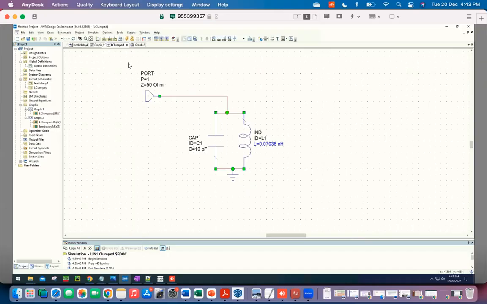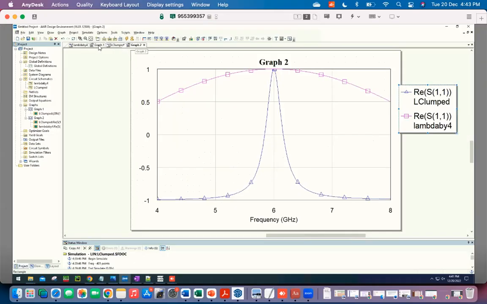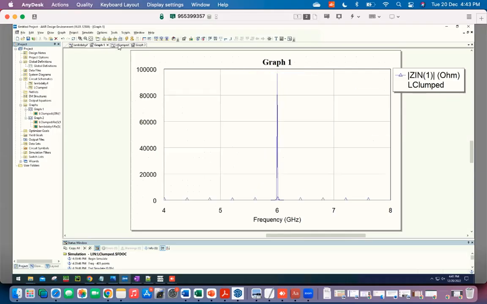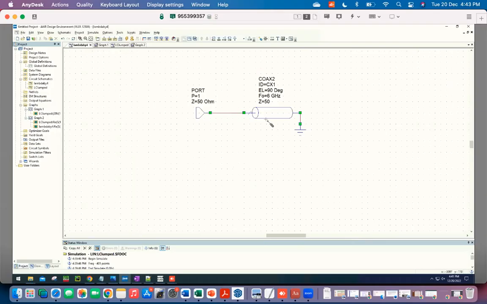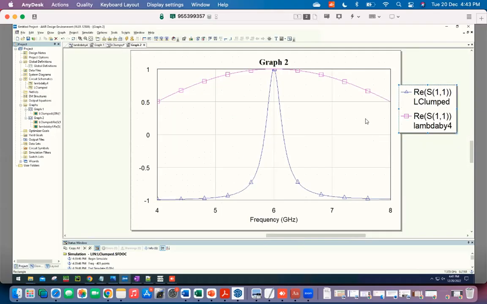So whatever C is here, the effective C, which you have not yet looked at, for this lambda by 4 resonator is probably much smaller. Remember, that's the only free parameter in some sense, because the resonant frequency is fixed. If you change C, you have to change the L as well.